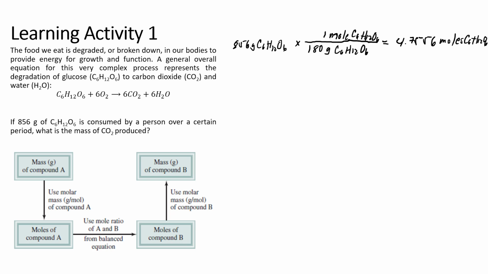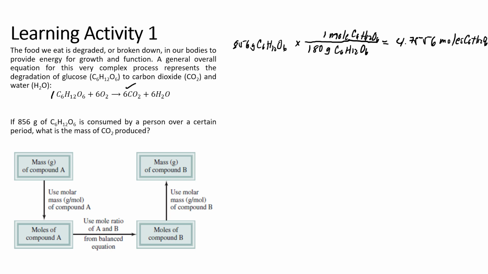The next thing to do is relate that in terms of the ratio of the moles from the balanced equation. Okay. So, we have coefficient 1 dito sa glucose natin, and we have 6 for carbon dioxide. Okay. So, we need to get the moles of carbon dioxide from the ratio of carbon dioxide and glucose from the chemical reaction equation.